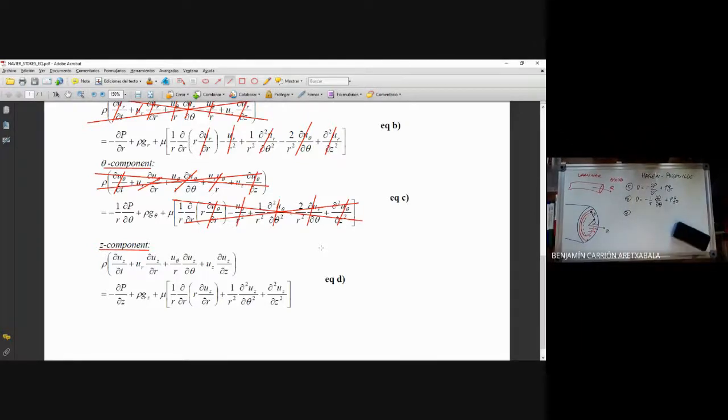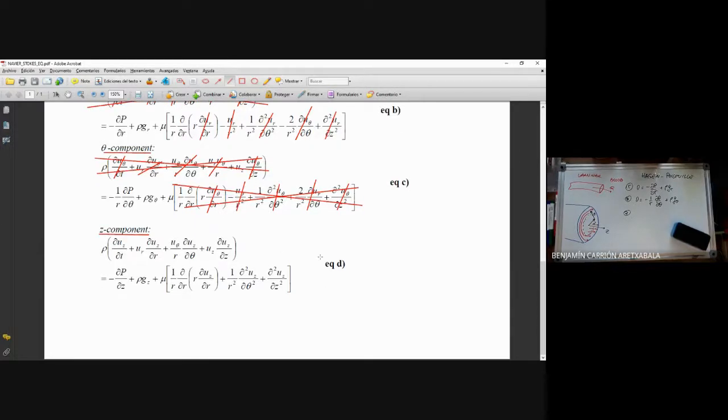And the z component, which is the key one. Again, you could say beforehand that there's not going to be acceleration, but it makes sense physically. But you can actually check it. So again, no derivative with respect to time.